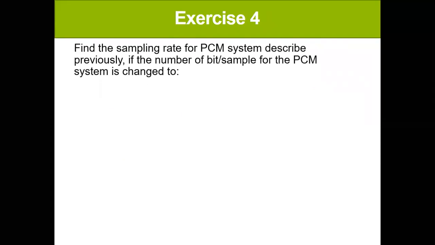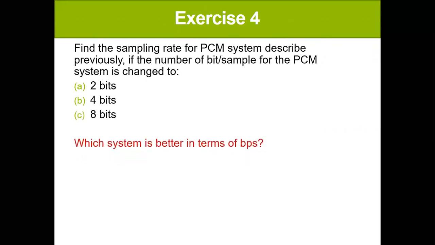Now let us see. Find the bit rate for the PCM system described previously, meaning 3-bit PCM, if the number of bits per sample is changed to 2 bits or 4 bits, meaning now 2-bit PCM, 4-bit PCM or 8-bit PCM. So N will be 2, N will be 4, and N will be 8.